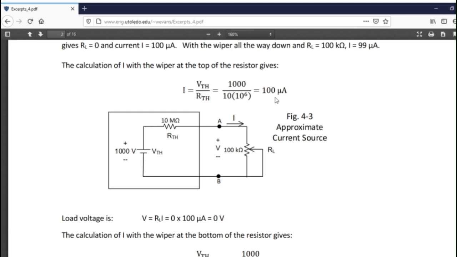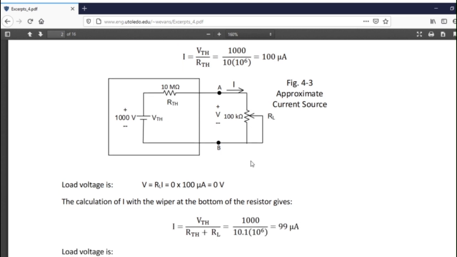So that gives you 100 microamps. Now at the bottom, the resistor gives you the RL, which would be 100k plus the 10 meg, which basically gives you 99 microamps. And you look at the 100 and you look at the 99 and say, across the range of this resistor, I'm almost a constant current, and that's why we can say we've got a constant current source. This is a constant current source if this resistor is a lot smaller than this resistor, and that's how you can make an equivalency of them.